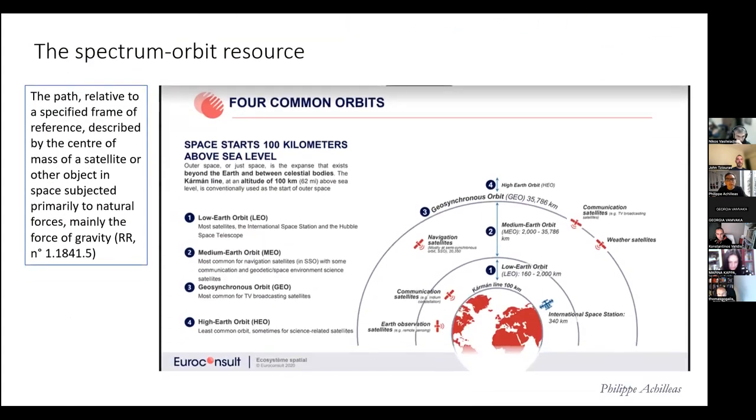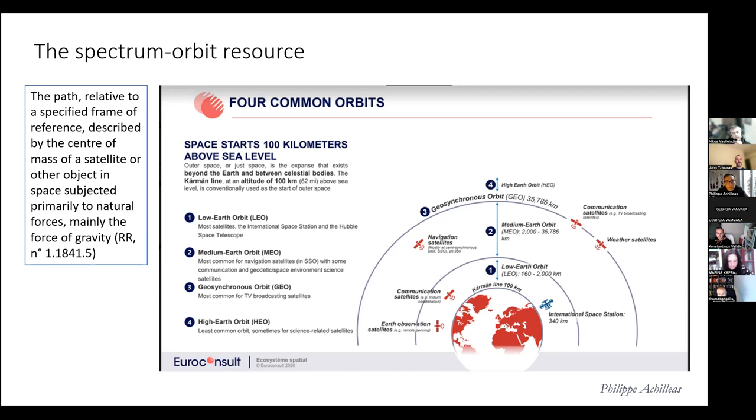The second resource is the orbit, because a satellite is orbiting around the Earth. Satellites are placed into different orbits depending on the nature of the service. For telecommunications, we use the geostationary satellite orbit, that is to say, an orbit located 36,000 kilometers from the surface of the sea.